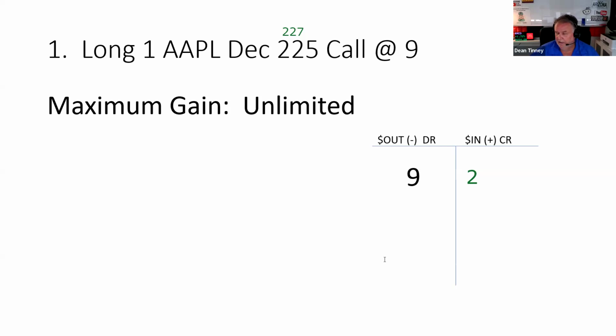The reason it didn't work out is not because you were wrong. Apple didn't go up from where it was, and didn't go up enough, and it didn't happen in the timing, right? By the way, if Apple was at expiration 225 or lower and expires, and this is a December contract, and January goes to 300, I go, well, you were right about two of the three things.